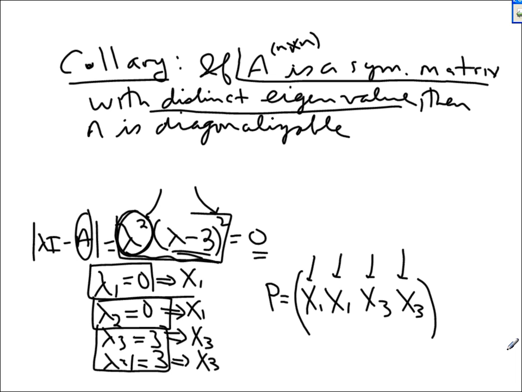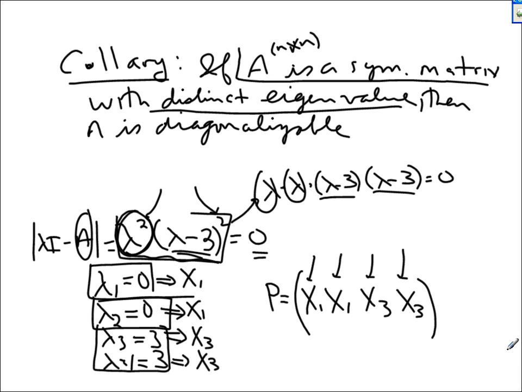After all, this is lambda times lambda times lambda minus 3 times lambda minus 3. There are 4 factors, and each one of these factors gives us a real root: 0, 0, 3, and 3.